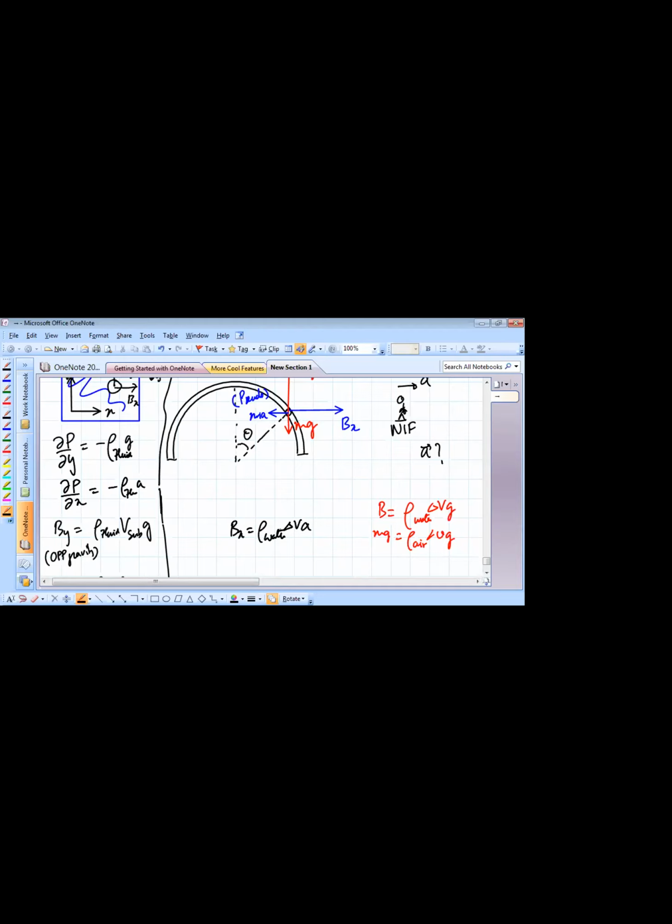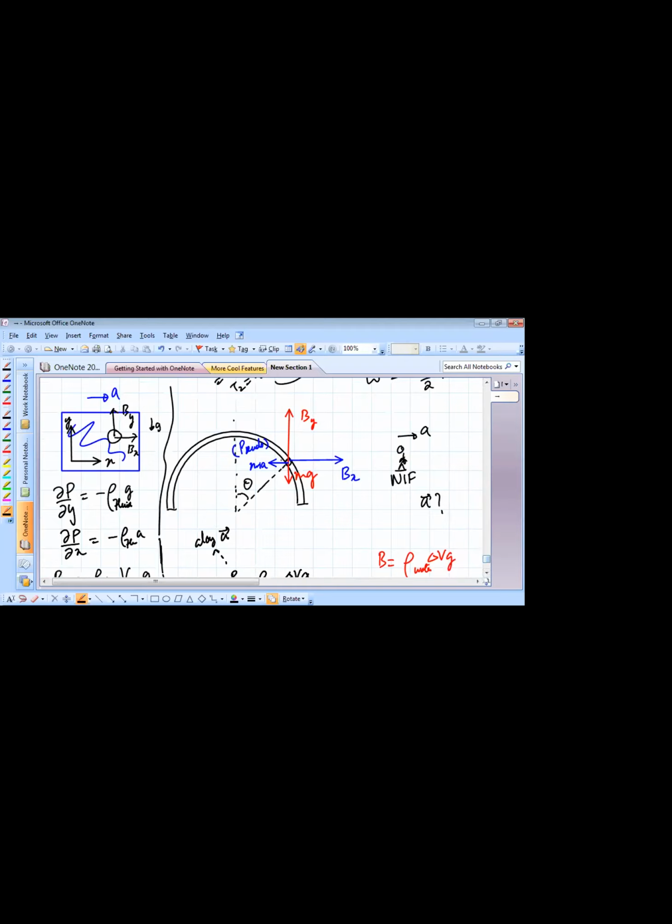into volume of the bubble into E, and this will act along the acceleration vector, whereas pseudo force with density of air, this will act like this.